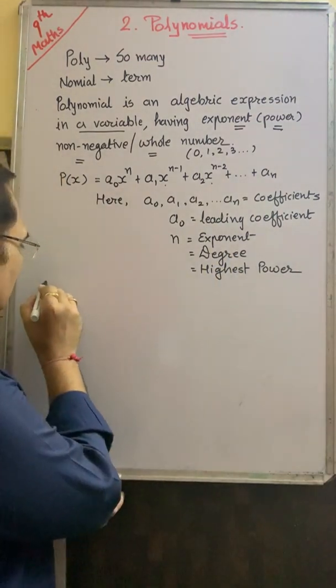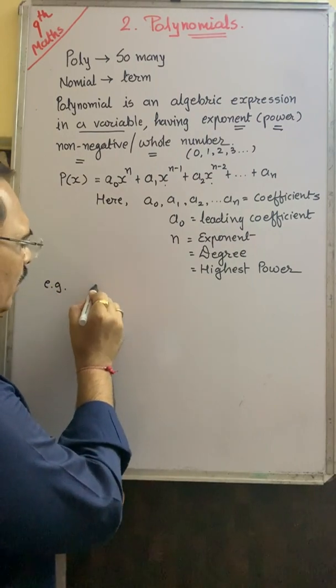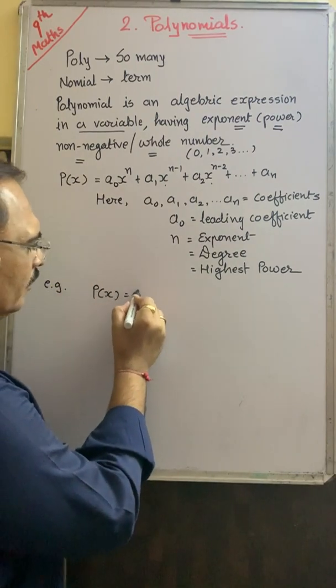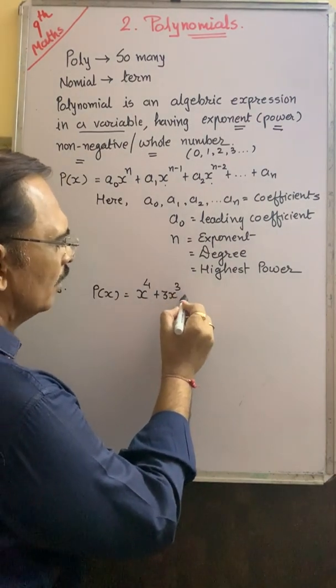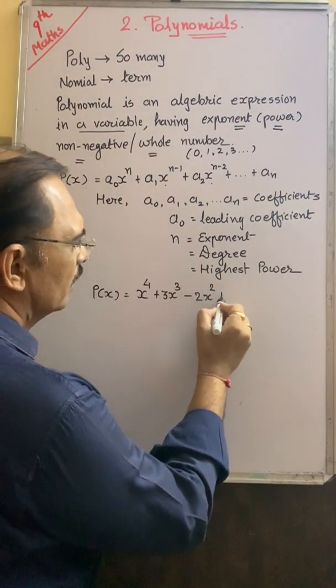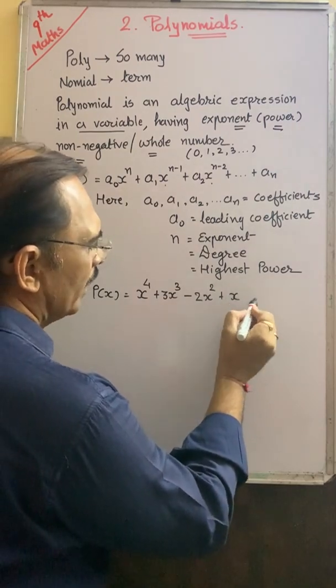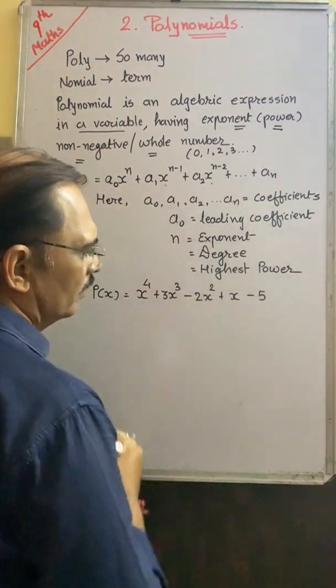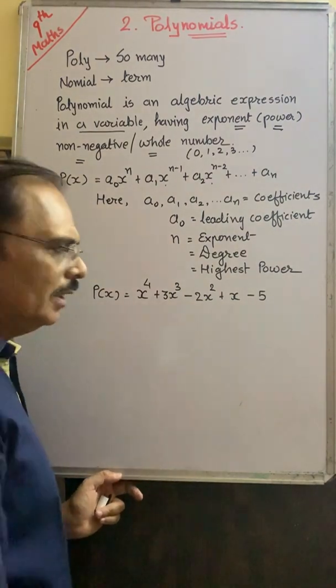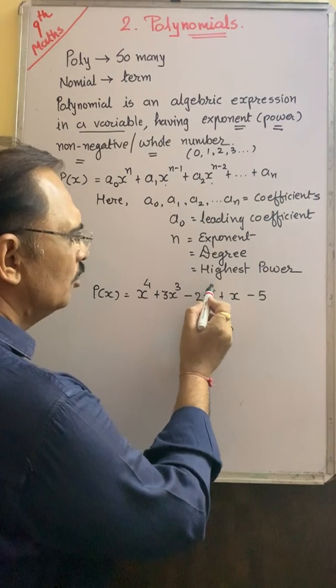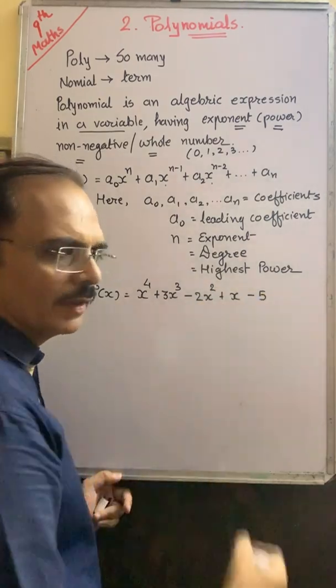As for example, see, we take one polynomial over x, we write x raised to 4 plus 3x cubed minus 2x squared plus 1x minus 5. See, we arrange it in descending order of power, that is 4 power, 3 power, 2 power, 1 power and 0 power.